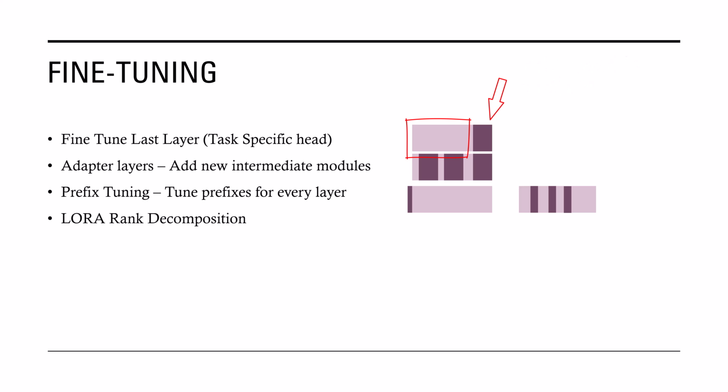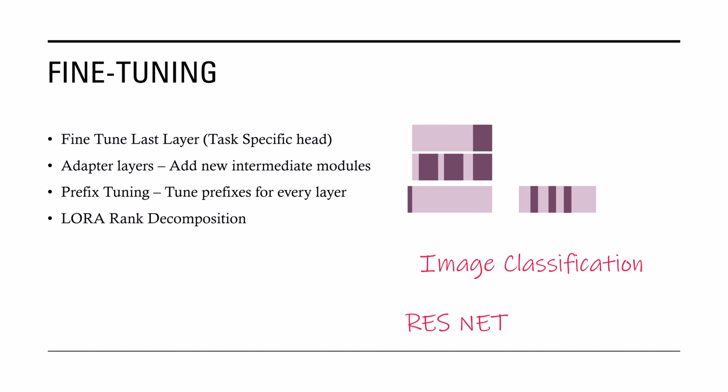The limitation is that it may not perform well if the pre-trained model isn't well aligned with the new task. As deeper adaptations aren't made, it's less flexible than full fine-tuning. A couple of use cases are image classification, adding a head to a pre-trained ResNet, or NLP tasks like text classification.